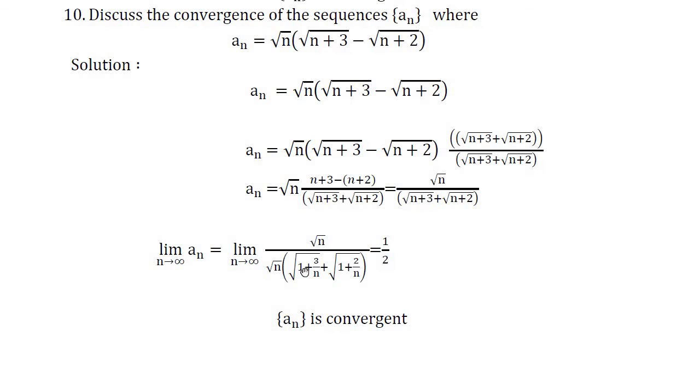Here root n get cancelled and apply the limits for the remaining terms. Numerator is 1. In denominator, root of 1 plus 3 divided by infinity is 0. We get 1 plus 0 plus root of 1 plus 0. 1 plus 1 is 2. Hence we get 1 by 2. Means the sequence an is convergent.